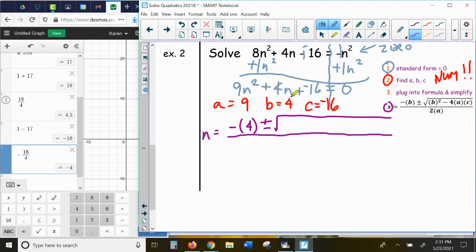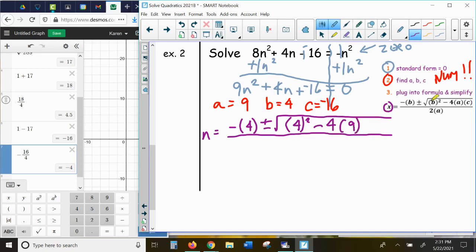Okay, now it looks like I need my b in parentheses with a 2 on the outside. So my b is 4. Let's put that in parentheses with a 2 squared outside. Always -4. Doesn't matter what's in the problem. It's always a -4. Now I need my a in parentheses. What's a? There he is. He's a 9. Parentheses 9.